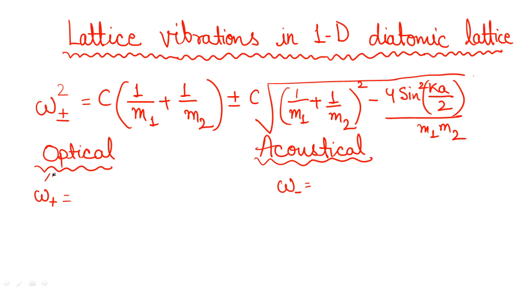So the first case I am going to consider here is when k is tending to 0, that means k is small. Instead of writing tending to 0, if you want to just write small here, that's okay. So when k is small, what will happen?